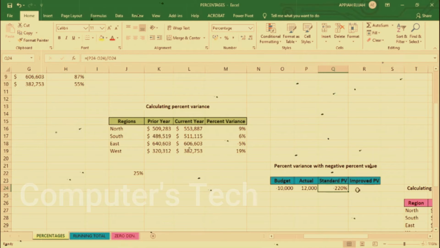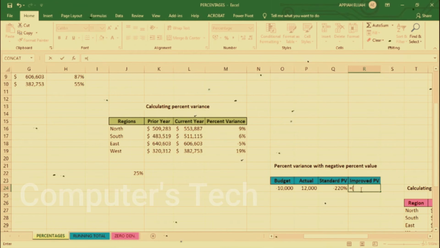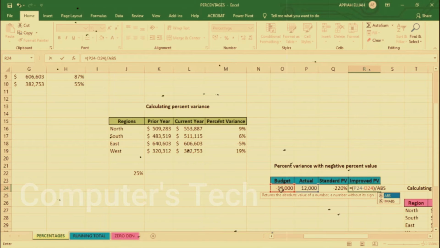So we make use of the ABS function, and this is how we make use of the ABS function. We're going to do that just now. And so you will enter your equal sign, you open parenthesis, and then your actual minus the budget, you close it, you divide by, then you apply the ABS, and you open parenthesis. ABS of what?